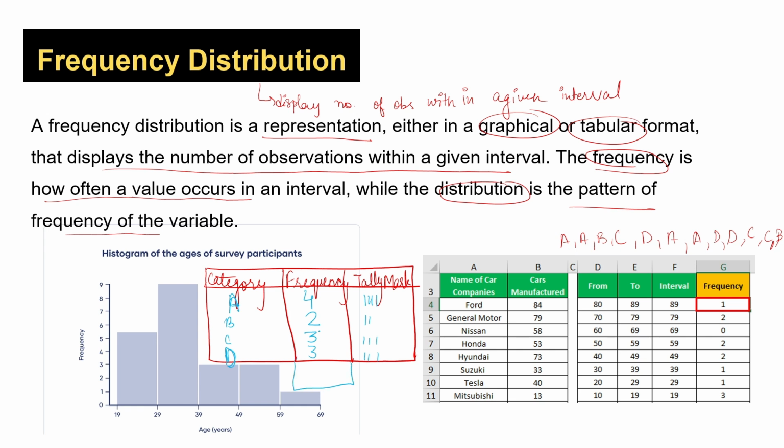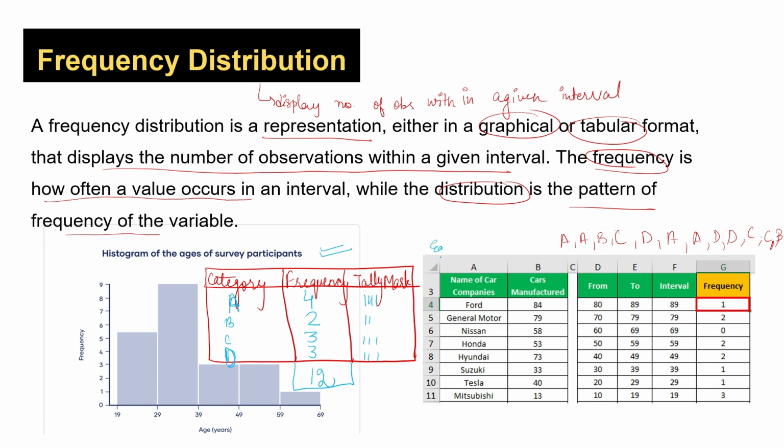So if we add them, this is 6, 10 and 12. So there are 12 observations here. Now let's check: 1, 2, 3, 4, 5, 6, 7, 8, 9, 10, 11, 12. So we can see that this frequency distribution table is correct. This is how you represent a frequency distribution table.